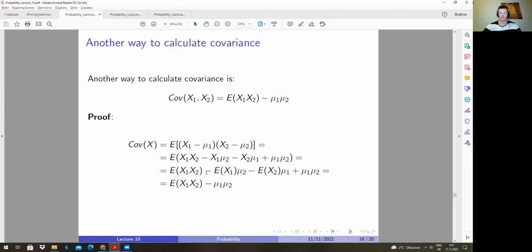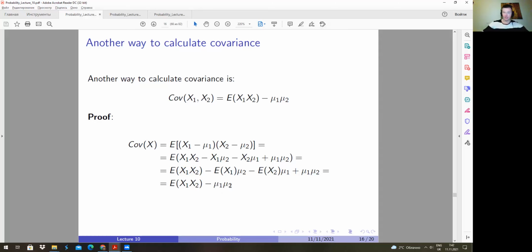Instead of the expectation of a sum, I factor this into the sum of expectations. And finally, I have this. Look, the expectation of x1 is mu1, so this is mu1 mu2, this is mu2 mu1, and this is mu1 mu2 once again. So I have minus mu1 mu2, minus mu1 mu2, plus mu1 mu2. Finally, two of them cancel out, and I have this. A very simple way to prove that this and this are equivalent.